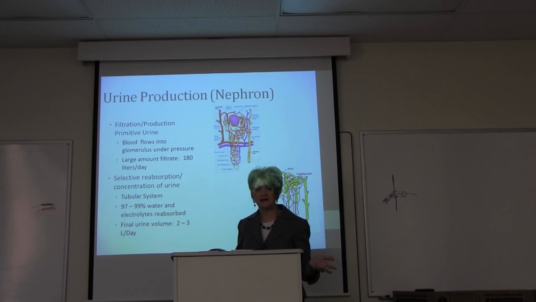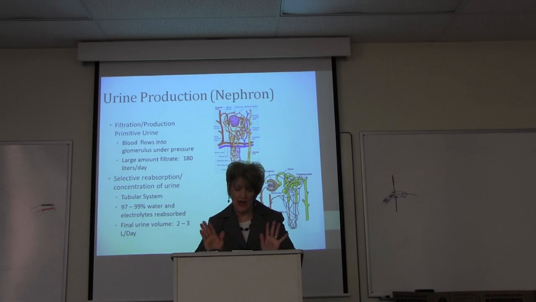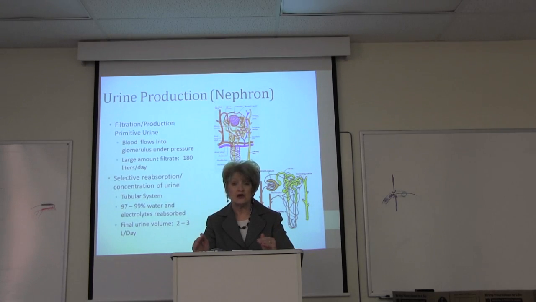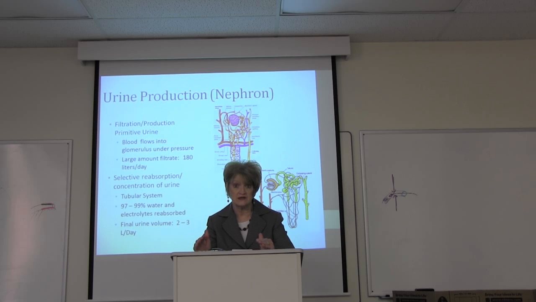Once you get to the collecting tubule, there are no capillaries surrounding this component because now urine production is complete. Urine is final. Urine concentration and components are final. And now we're into urine transport. So the nephron is responsible for urine production, then the very last component of the tubular system, the renal pelvis, the ureters, and the bladder, are responsible for transport and elimination.